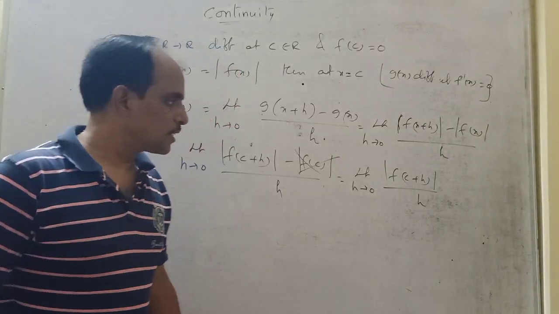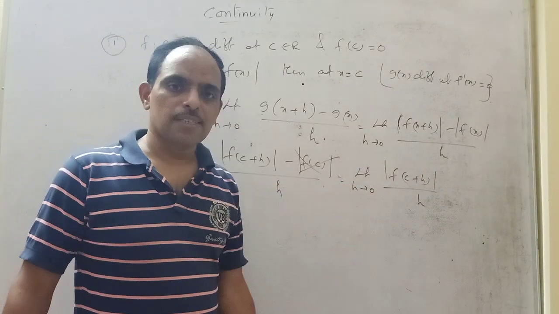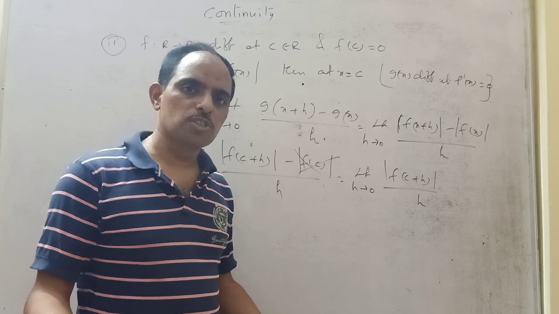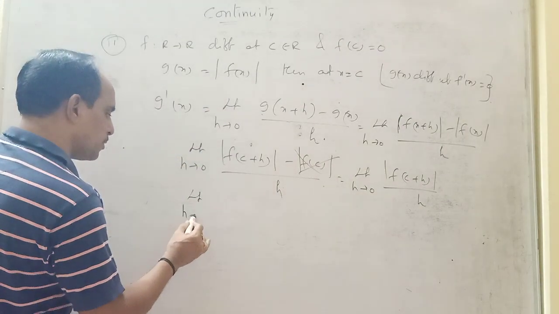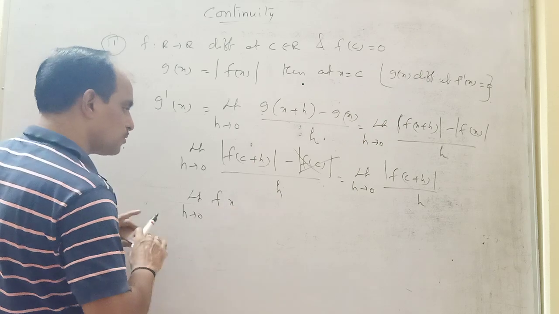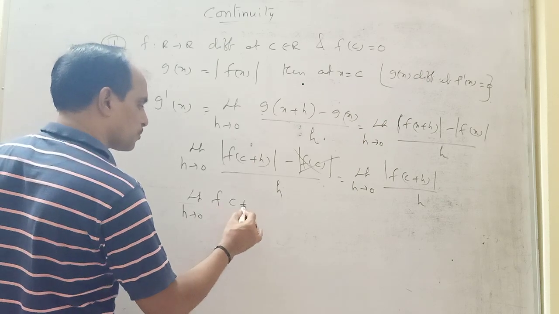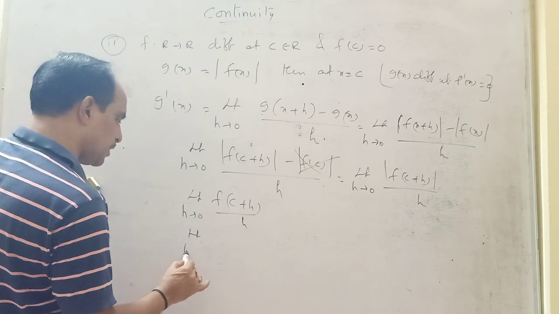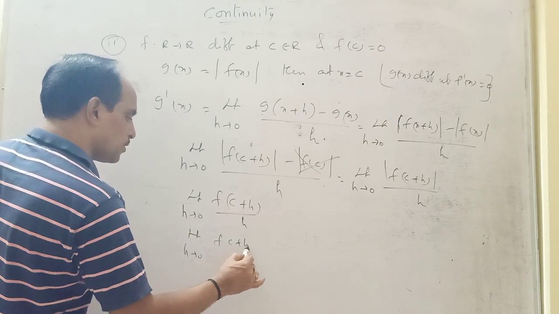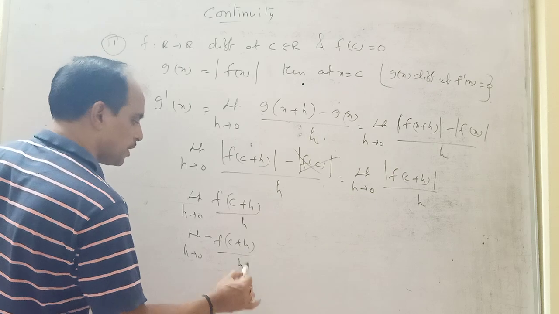Is it clear? Now it is modulus, and modulus means we have to consider either positive or negative. That means two cases. One case is limit as h tends to 0 of f of c plus h by h, and the other is limit as h tends to 0 of minus f of c plus h by h.